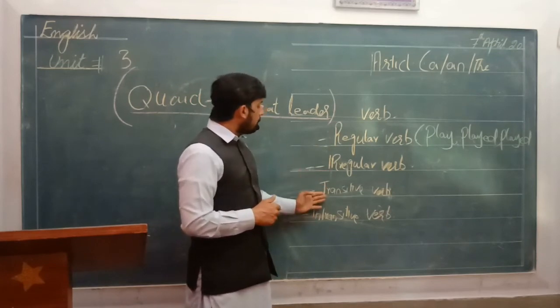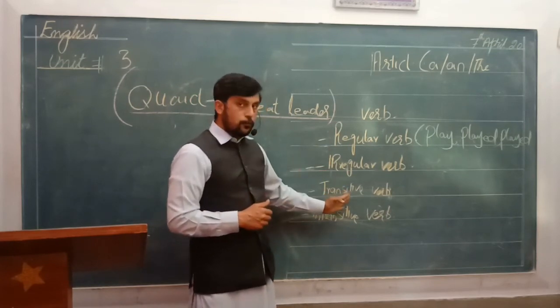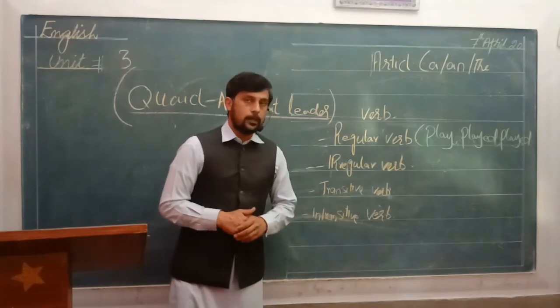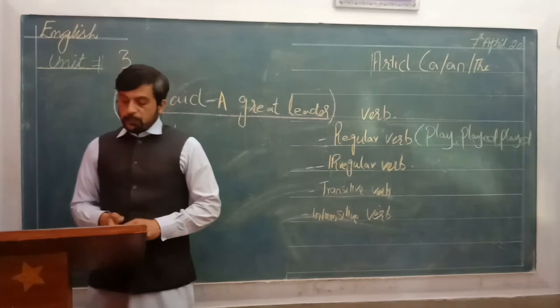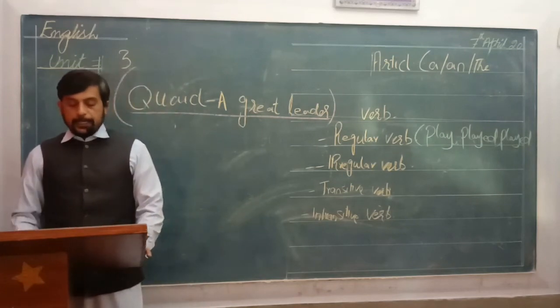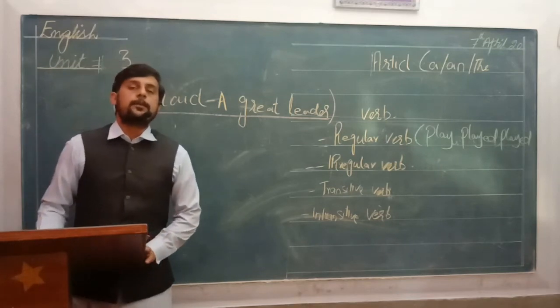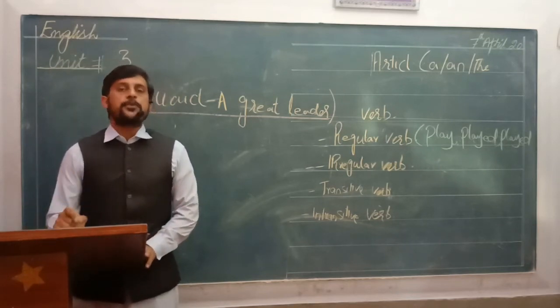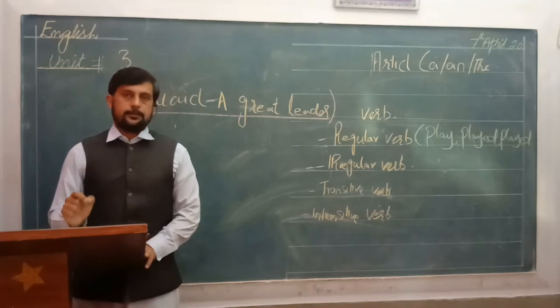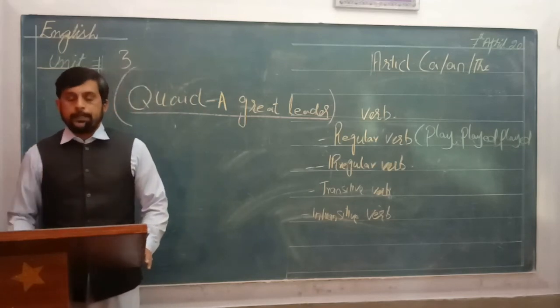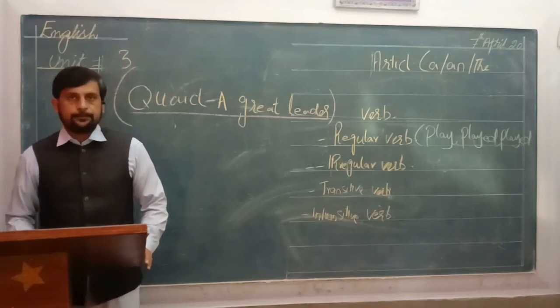The next topic is about transitive verb and intransitive verb. Now what is a transitive verb? A transitive verb is a verb that is used with an object. I mean, a transitive verb has an object at the end of it. The object may be a noun, it may be a pronoun, or it may be any phrase.